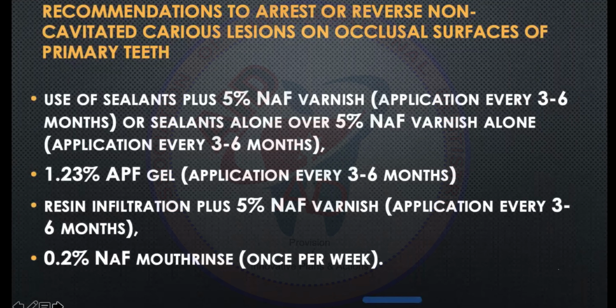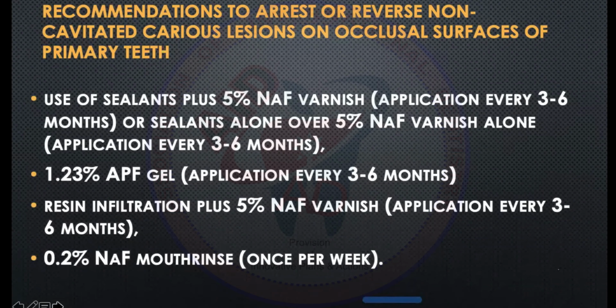So these are the recommendations in a nutshell for arrest or reversal of incipient carious lesions: we can use a sealant plus 5% sodium fluoride varnish, or sealants alone over 5% varnish, or 1.23% APF gel, which should be applied every 3 to 6 months. Then resin infiltrate.